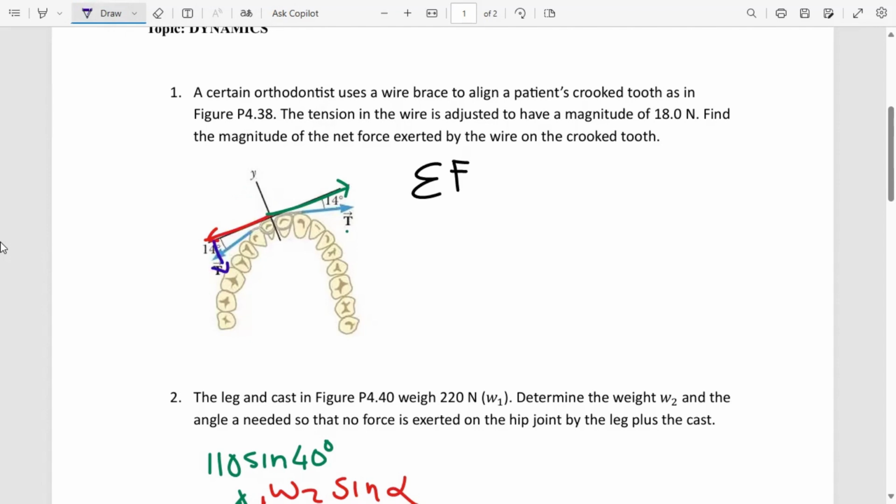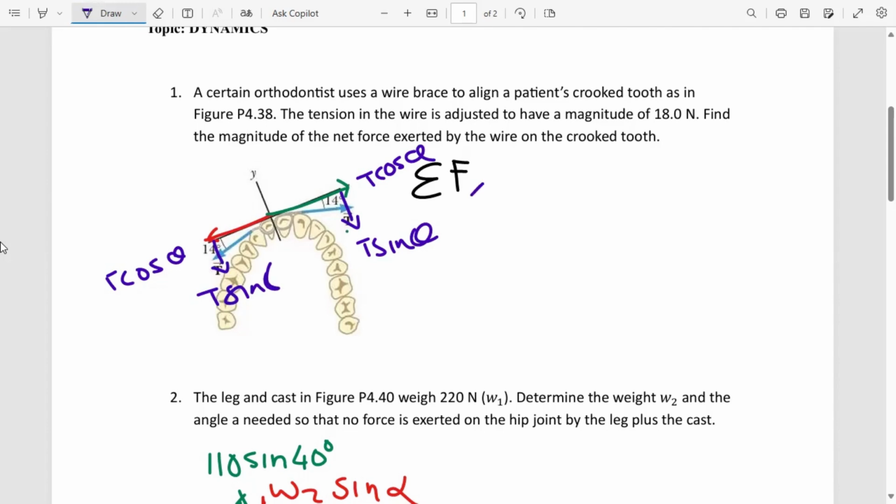We're going to notice the components in the x are adjacent to the theta, so they're both carrying a cosine. So we have T cos theta, even here T cos theta. Also we have T sine theta, even here we have T sine theta, like that.